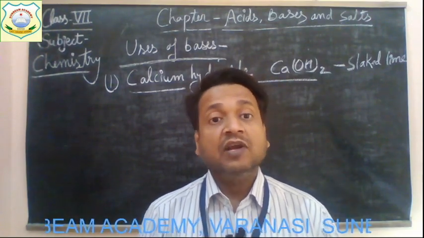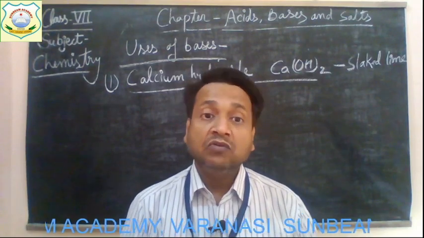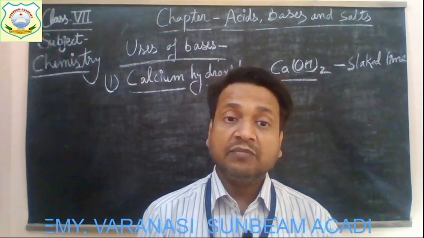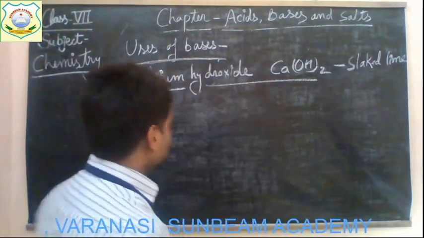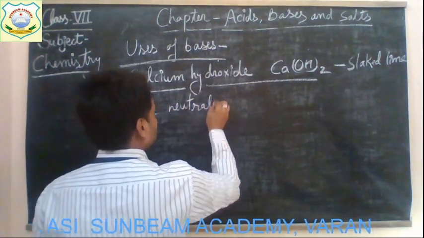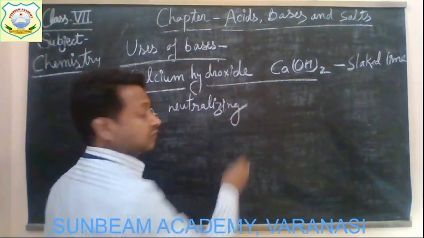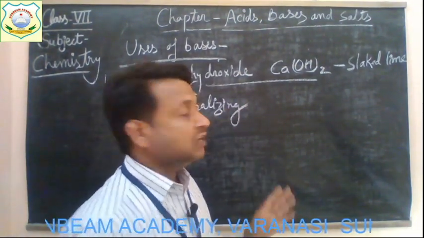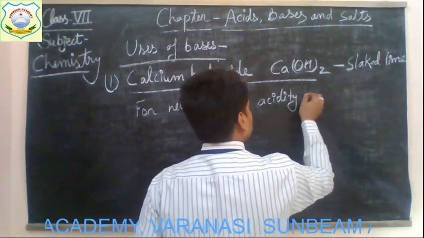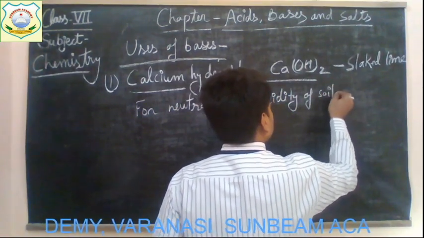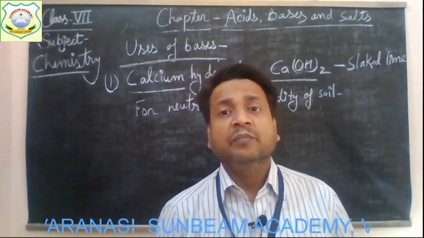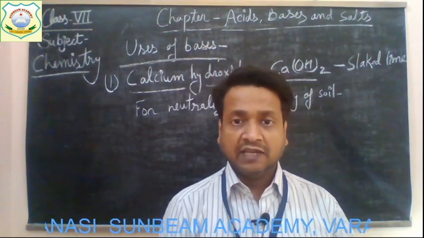And the next use of calcium hydroxide is for neutralizing the acidity of soil. This is an important use of calcium hydroxide, children. As you know, the soil becomes acidic because of excessive use of chemical fertilizers.